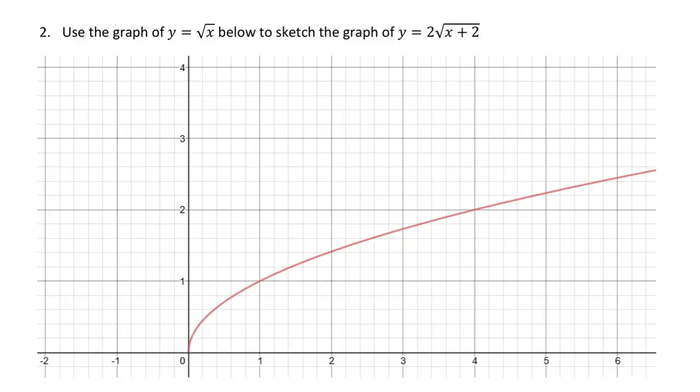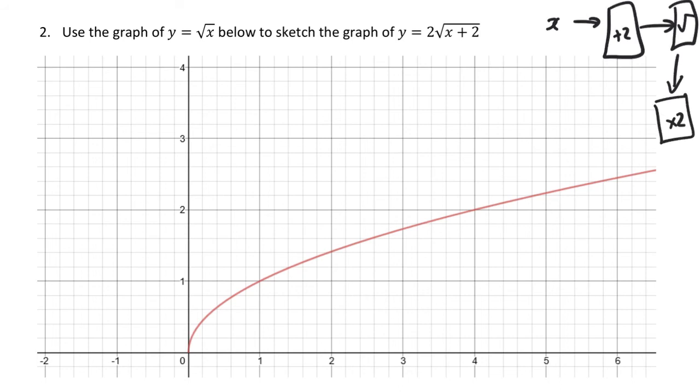This next example then, we've got the root of x graph being drawn for us, and then we've got the x plus 2 and then 2 times that. So in our function boxes, we've got x, and then we're going to add on 2, and then we're going to do the square root, and then we're going to multiply it by 2.